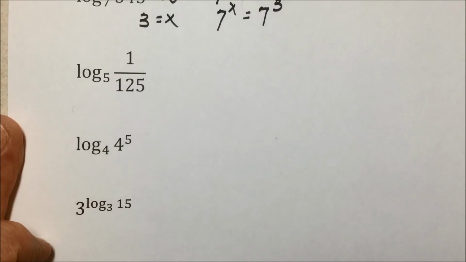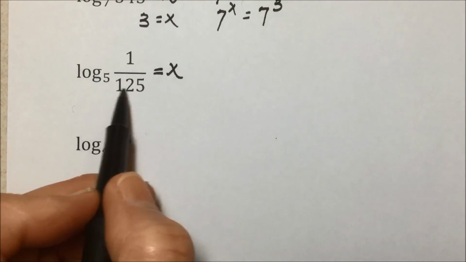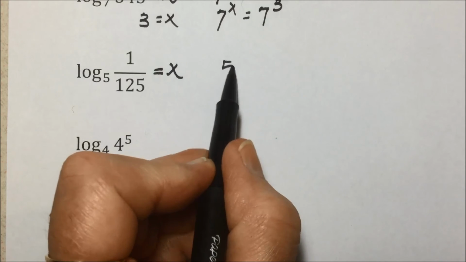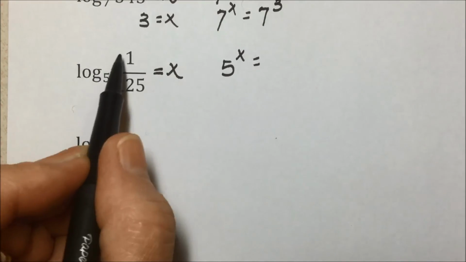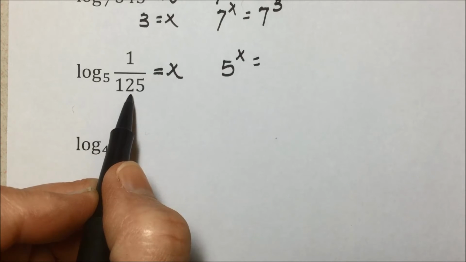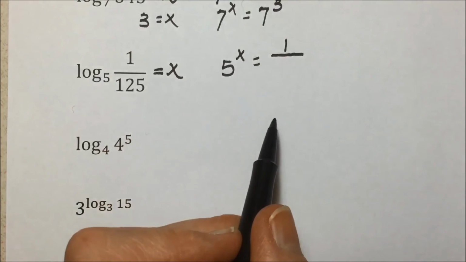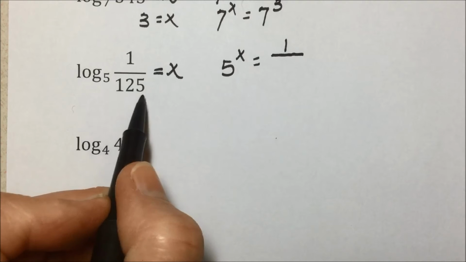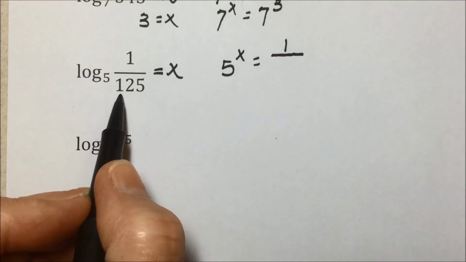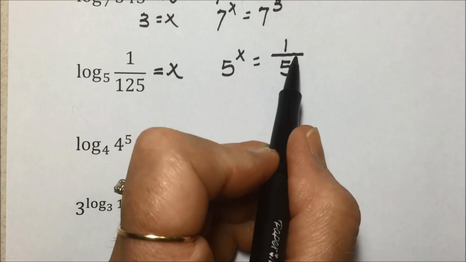In the next example, we'll do the same thing. We'll translate this to an equivalent exponential form. So our base of 5 raised to what power is equal to 1/125? And you hopefully are seeing a pattern where we need a common base. Instead of writing 1/125, I'm going to factor 125. 5 to the third power is equivalent to 125.